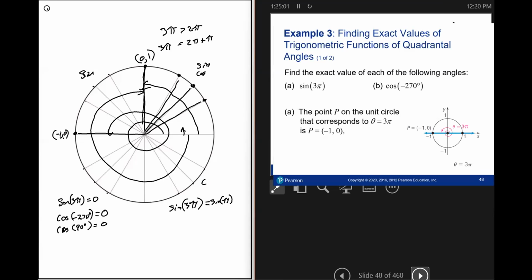So here, cosine is positive, and over here, tangent is positive. Tangent's positive up here also. So just knowing where x and y are positive and negative helps you determine the signs on your functions.